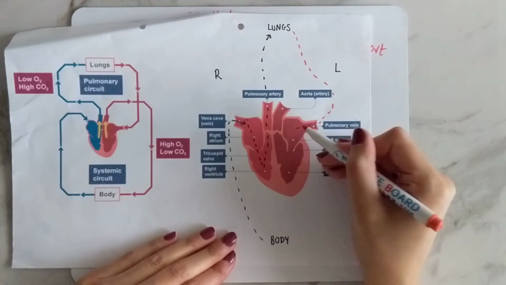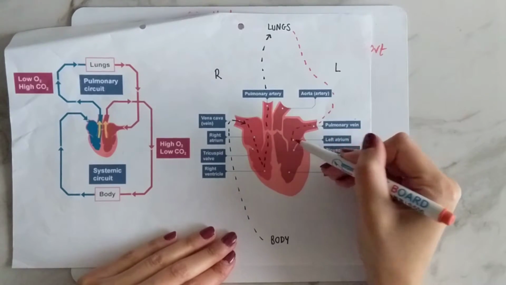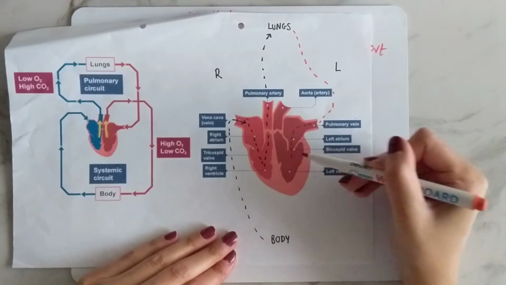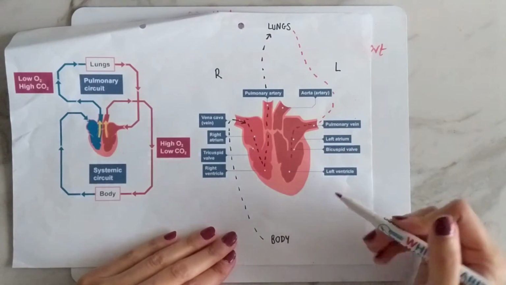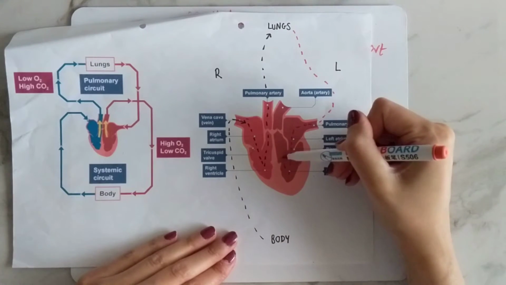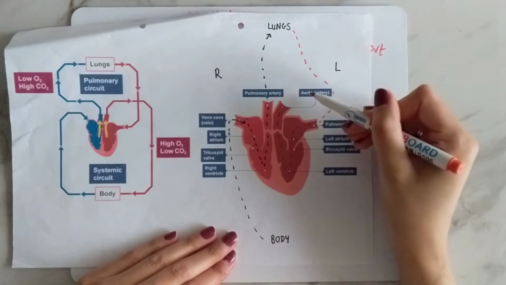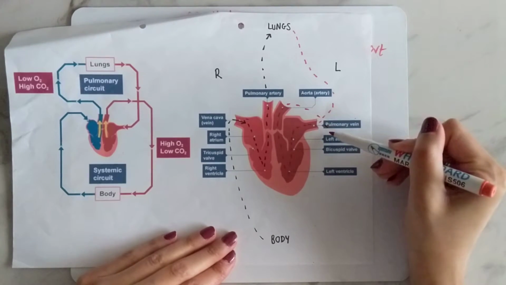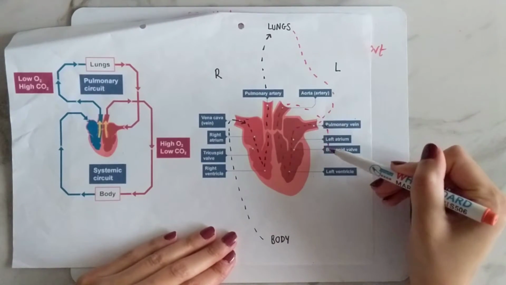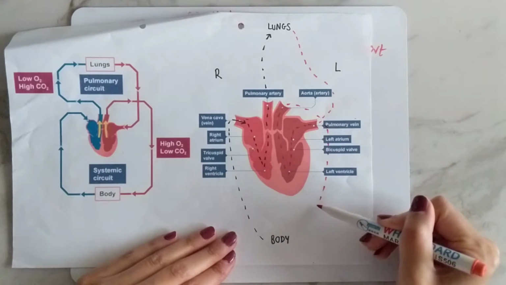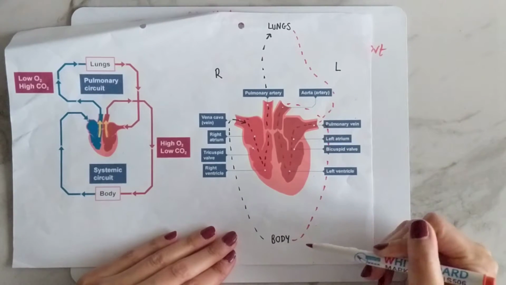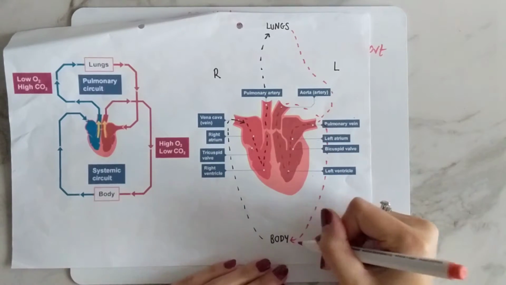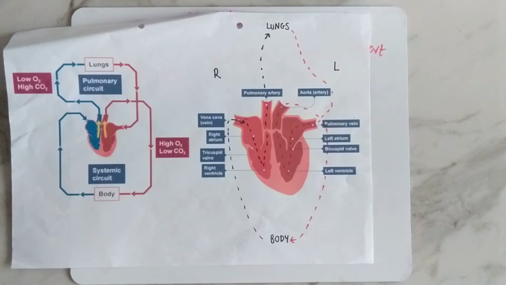It goes through the left atrium, through the bicuspid valve, which prevents backflow, into the left ventricle, and then up out the aorta. And the aorta is an artery that pumps blood to the whole body. And then the body will use up that oxygen, and the cycle starts again.